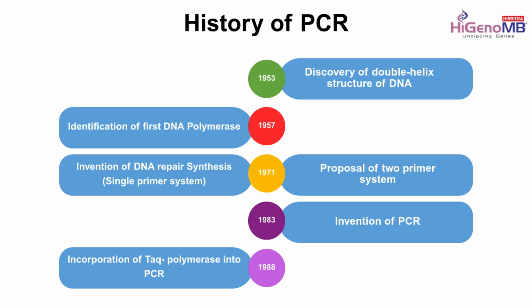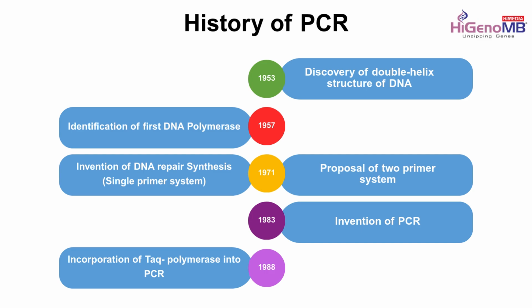The next important component of PCR is the primer. This invention was made in the year 1971, where the single primer system and the 2 primer system were invented. Then in 1983, PCR was invented by Dr. Kary Mullis, meaning a basic version of the thermal cycler that we use nowadays.